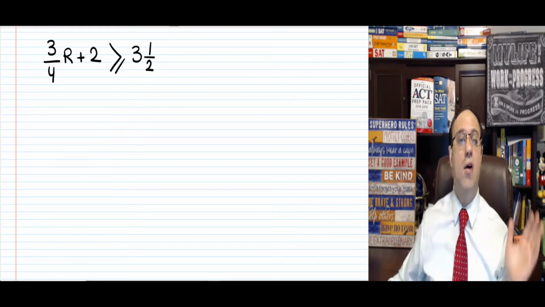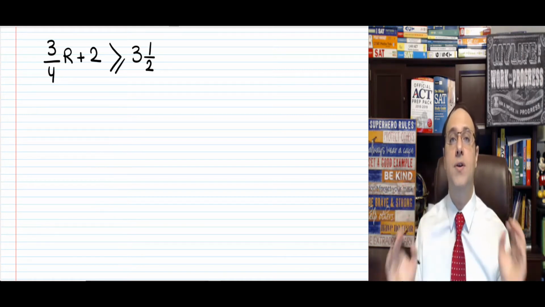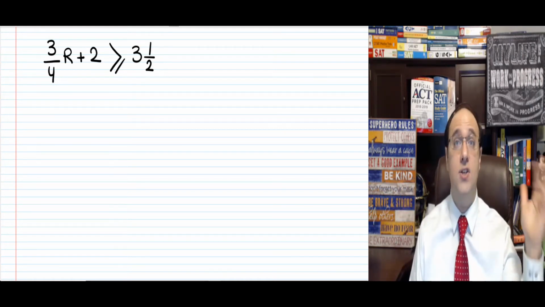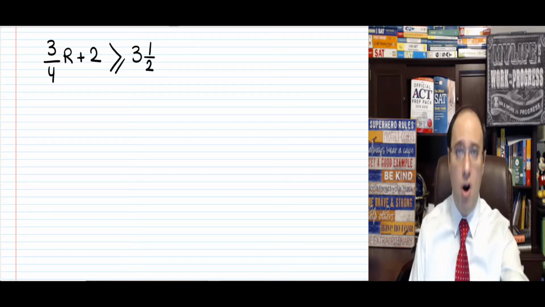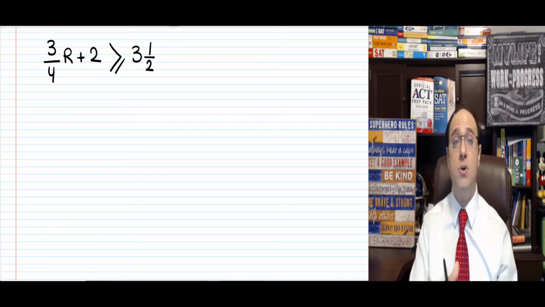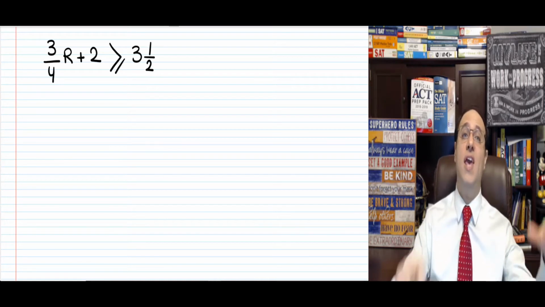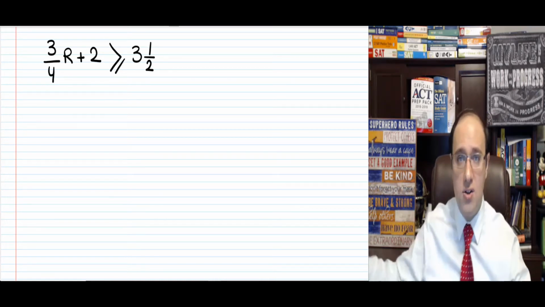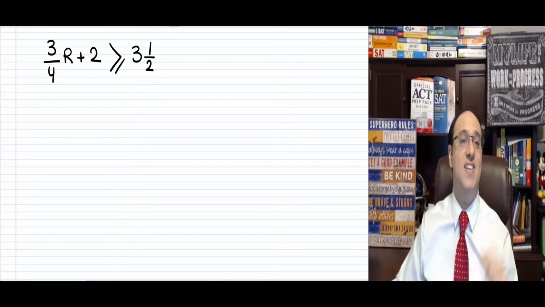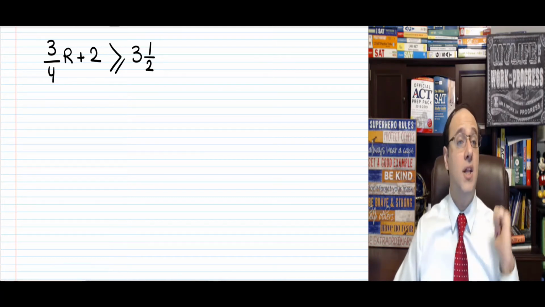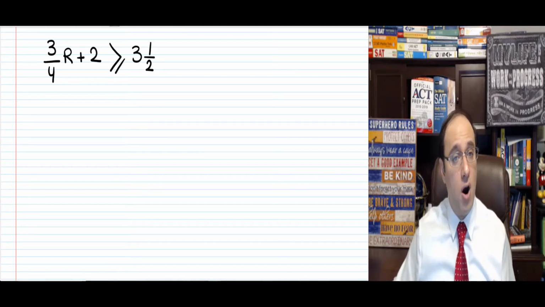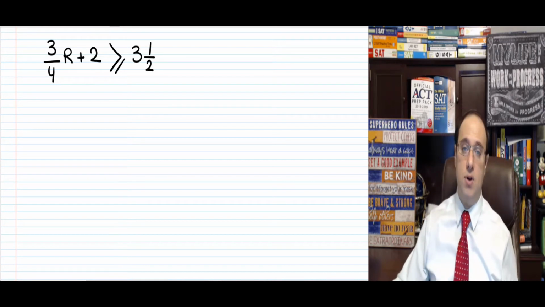Let's do this. First of all, you always want your variables on the left. Your x's, your y's, your a's, your b's, your r's on the left, and your numbers on the right. And here we only have r on the left, no r's on the right. It's a better question. It's easier. Okay, let's do this. 3 over 4 r plus 2 is greater than or equal to 3 over 2.